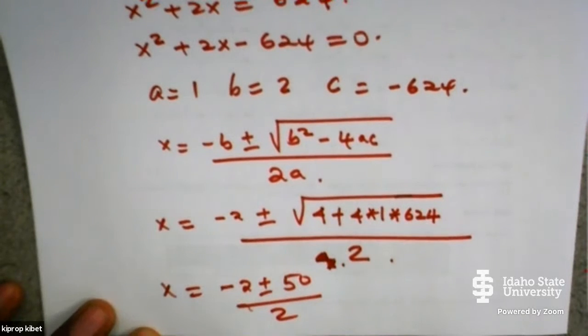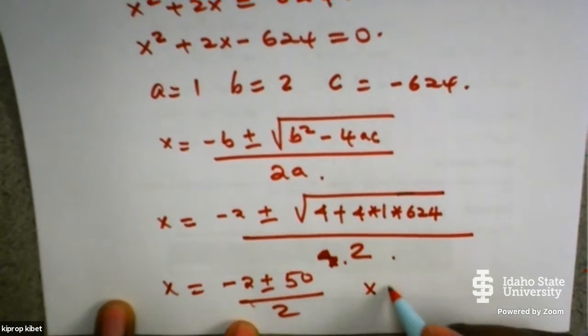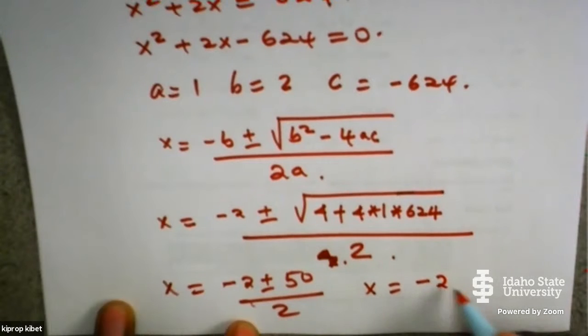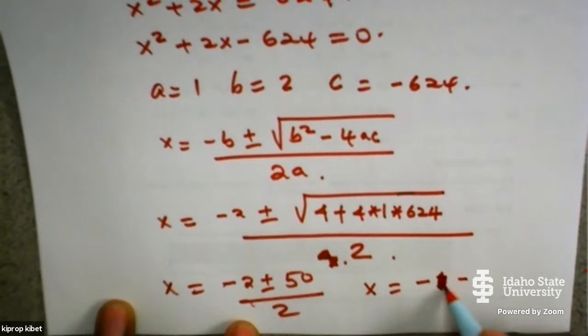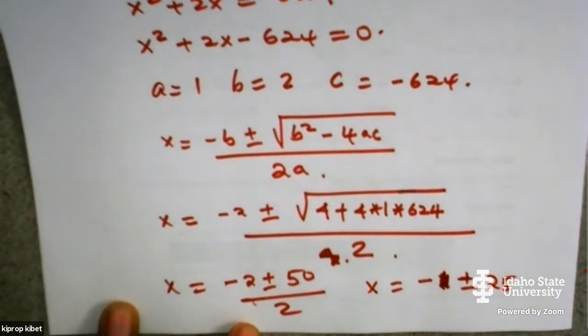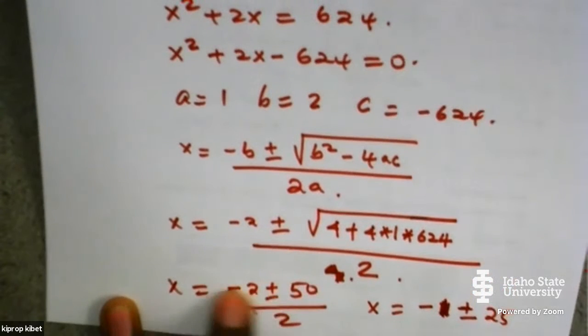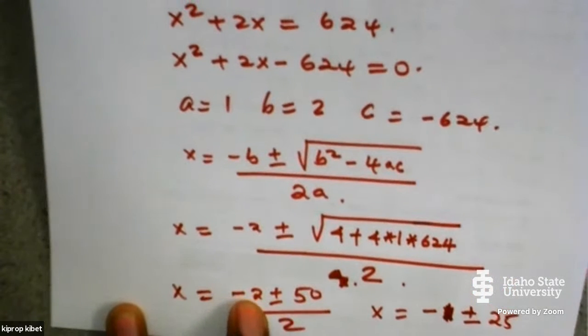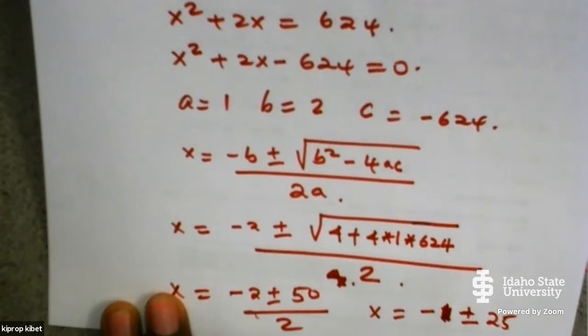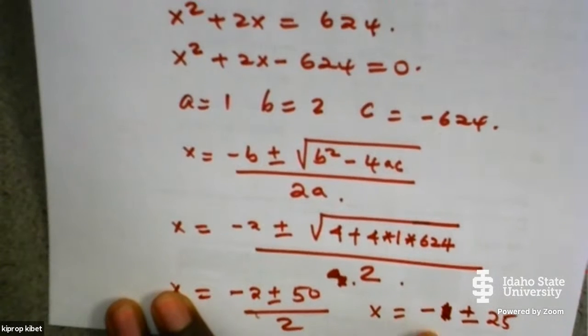Then x equals minus 2 plus or minus 50 over 2. You factor out 2 to get 2 times (minus 1 plus or minus 25), all over 2. The 2s cancel, so you get x equals minus 1 plus or minus 25.